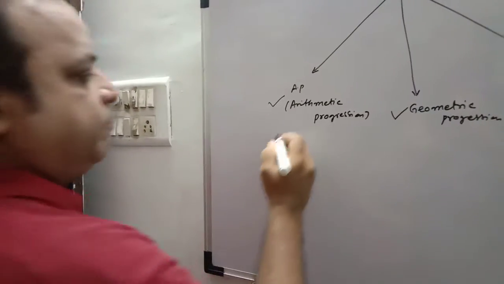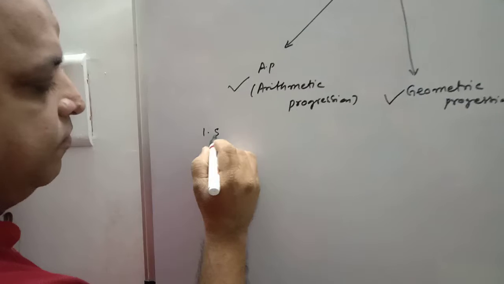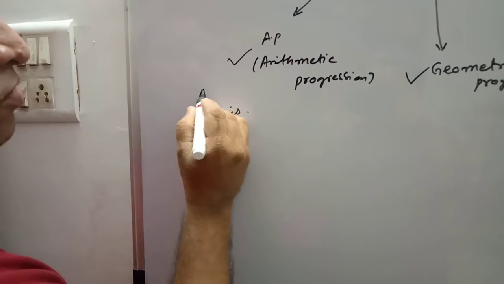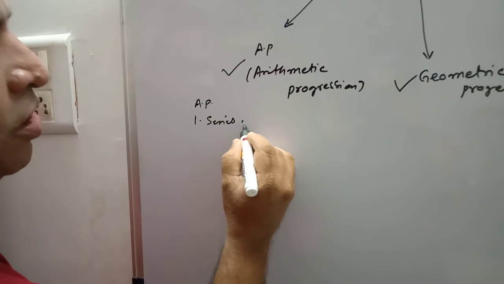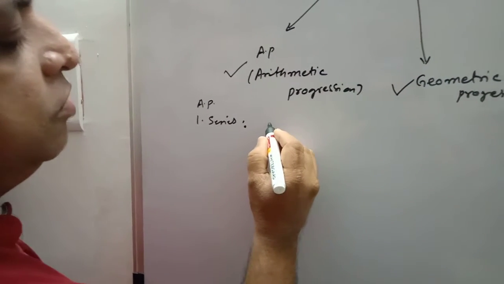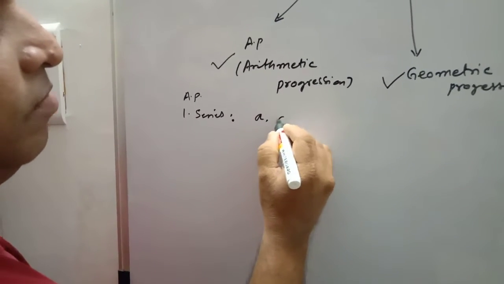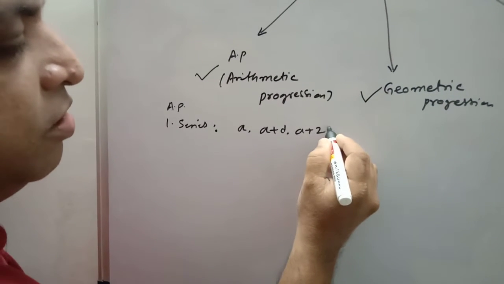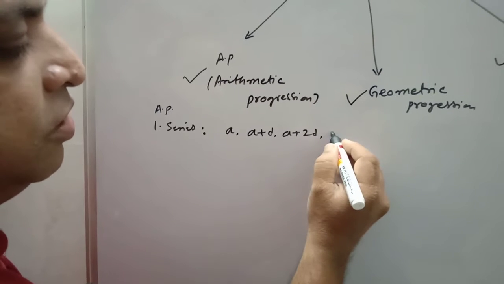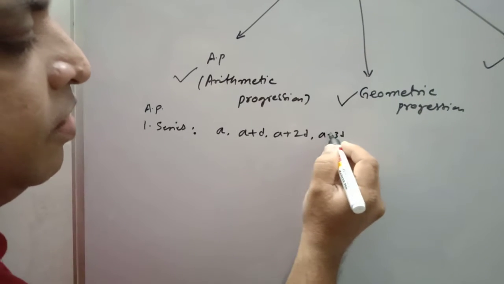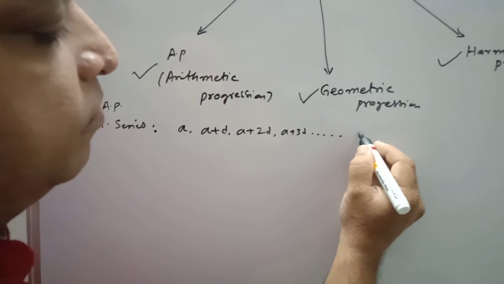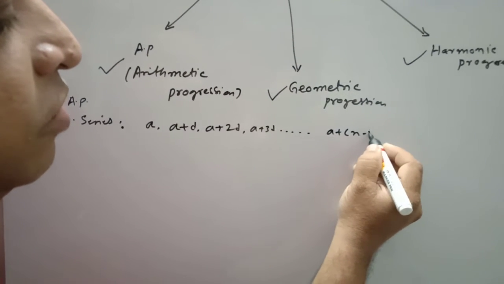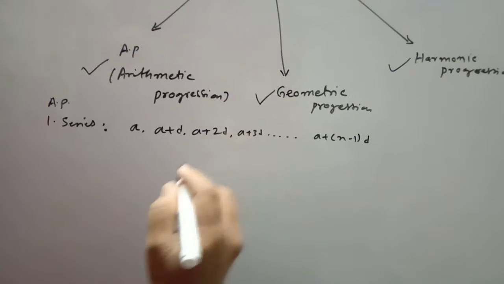So now in AP, number one is the series. What is the AP series? AP means arithmetic progression series. An arithmetic progression looks like this: A, A plus D, A plus 2D, A plus 3D, and so on to the nth term, which is A plus (n minus 1) into D. This is the nth term.